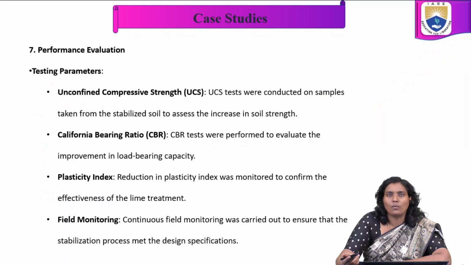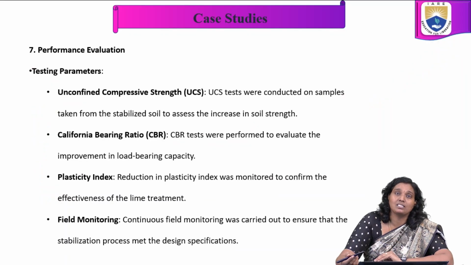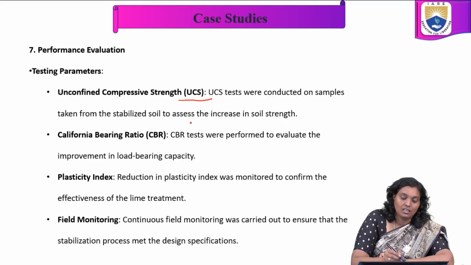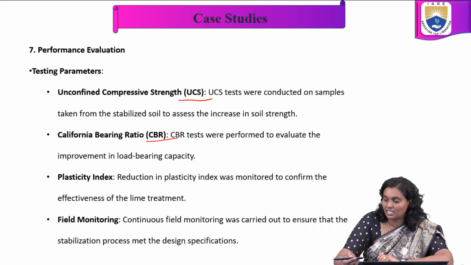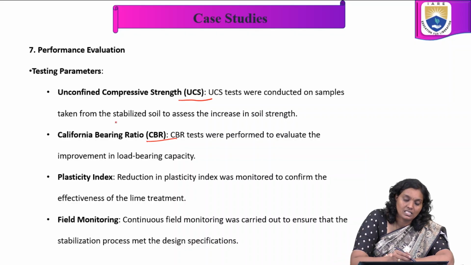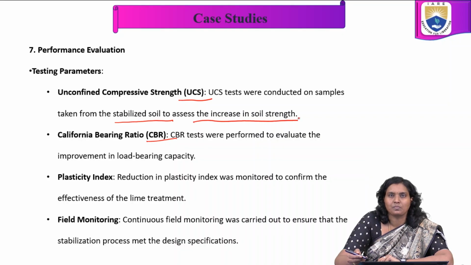Now, in performance evaluation, these are the testing parameters: unconfined compressive strength, that is UCS, CBR, plasticity index, and field monitoring. UCS tests were conducted on samples taken from the stabilized soil to assess the increase in soil strength.